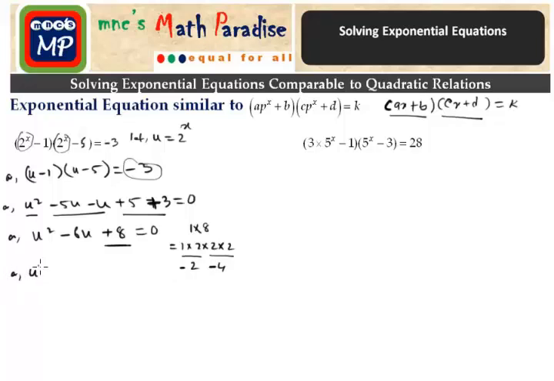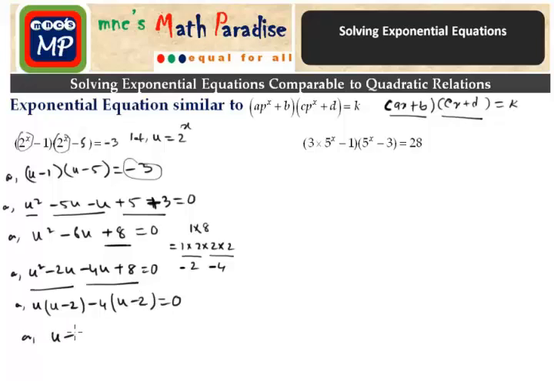That means u squared minus 2u minus 4u plus 8 equals 0. If we take u common from the first two terms, we get u(u - 2). If we take -4 common from the last two, we get -4(u - 2). So taking the common factor u - 2, we get (u - 2)(u - 4) = 0.